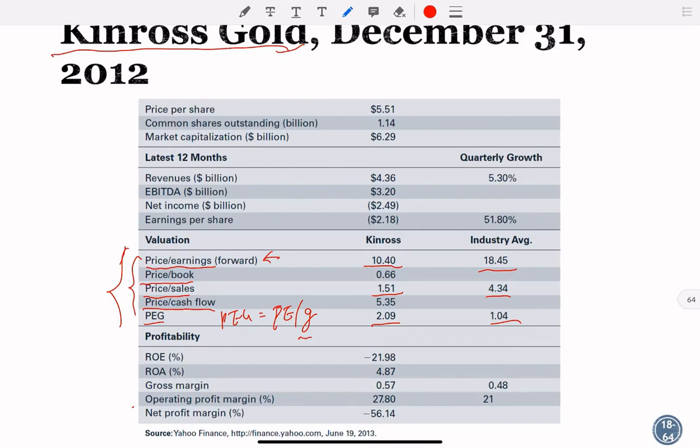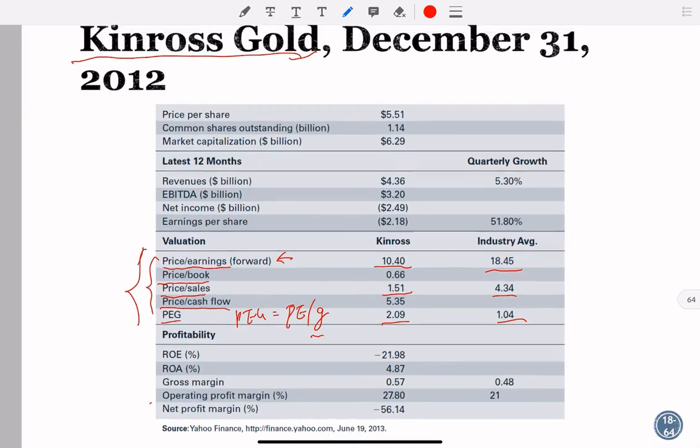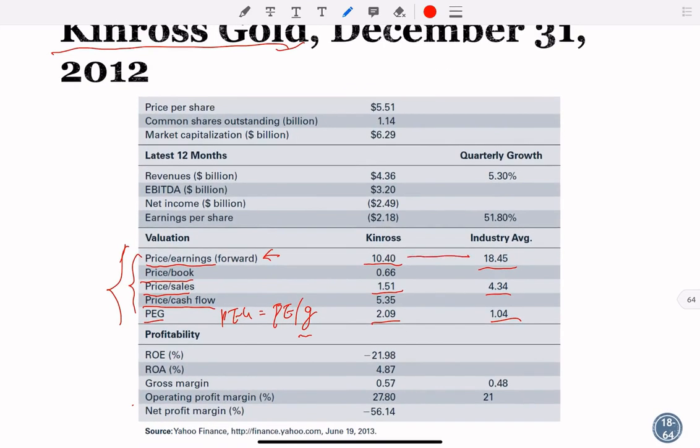Third, it's important to compare a firm's valuation ratio with industry peers or with the industry average. So that's why we compare Kinross's P/E ratio with the industry average. That's why we always compare the firm's number with its industry average.